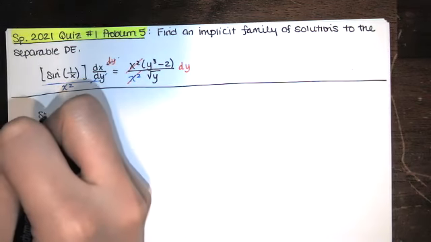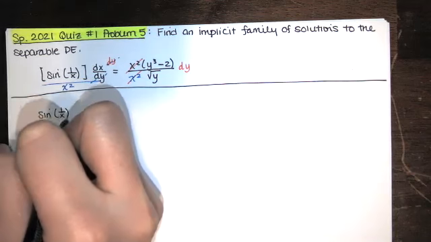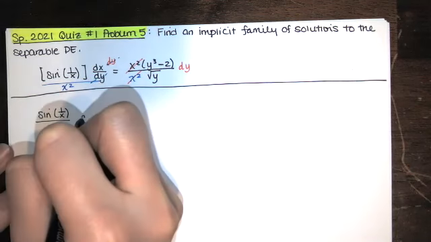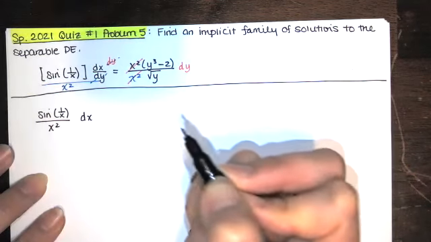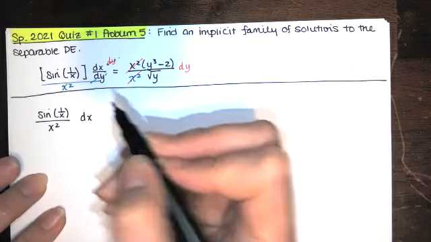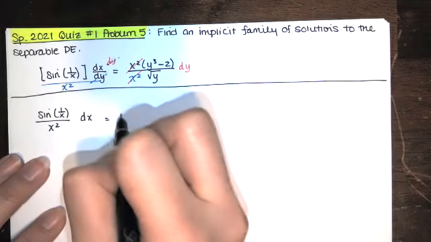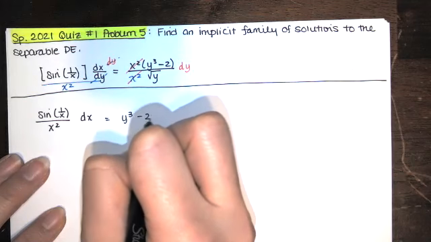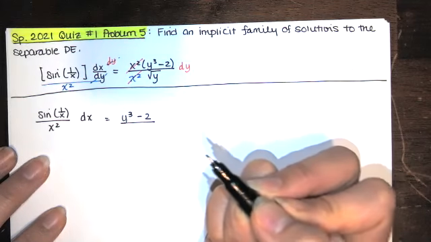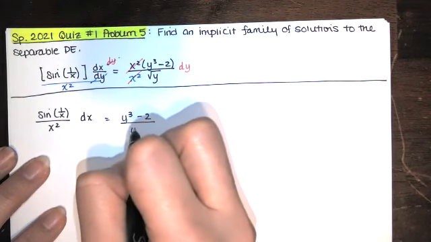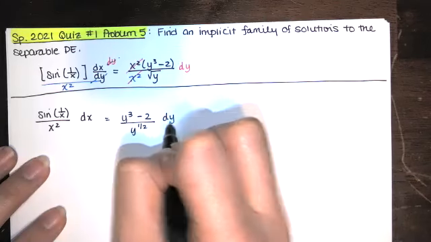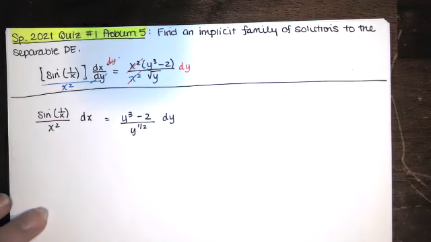So now we have sine of 1 over x squared times dx equals y cubed minus 2, and then we have a y to the 1/2 in the denominator, times dy. So the variables have been separated.